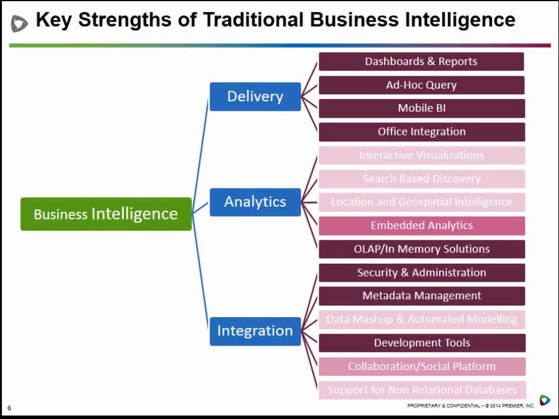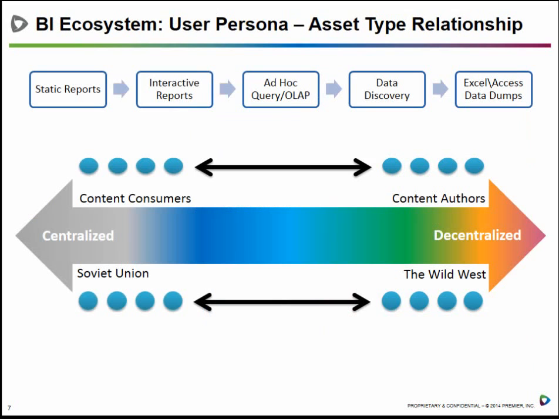All of this was already there in Tableau 3 years ago. So you can imagine that when they talk about information wants to be free, their slogan, they really mean it. They really started providing that kind of support right from the beginning. So that's a little bit about the key strengths of the traditional BI system.